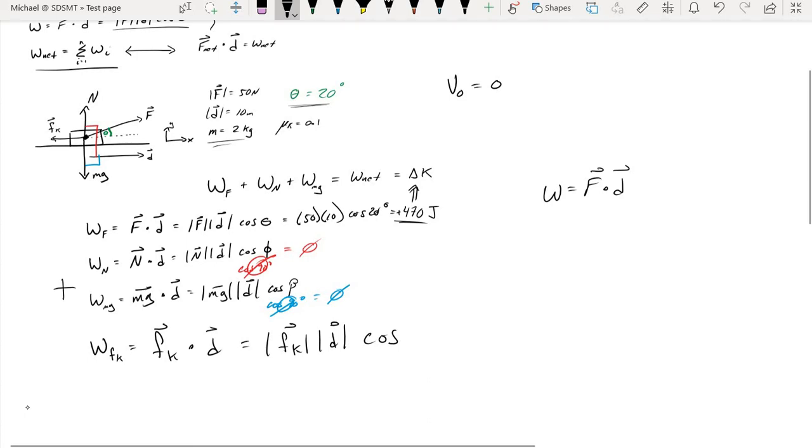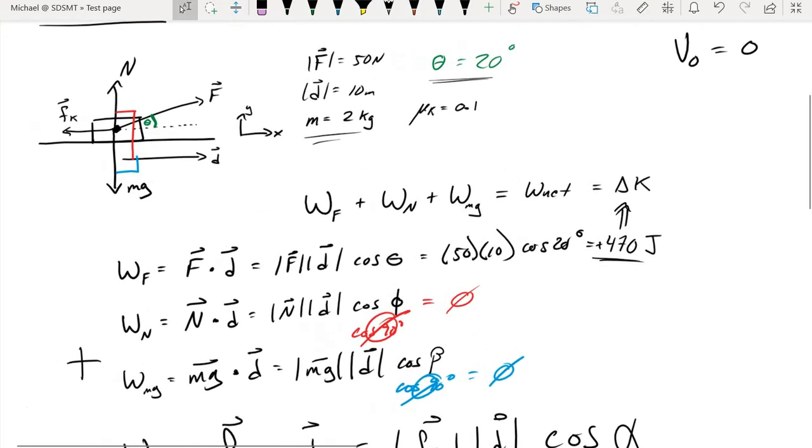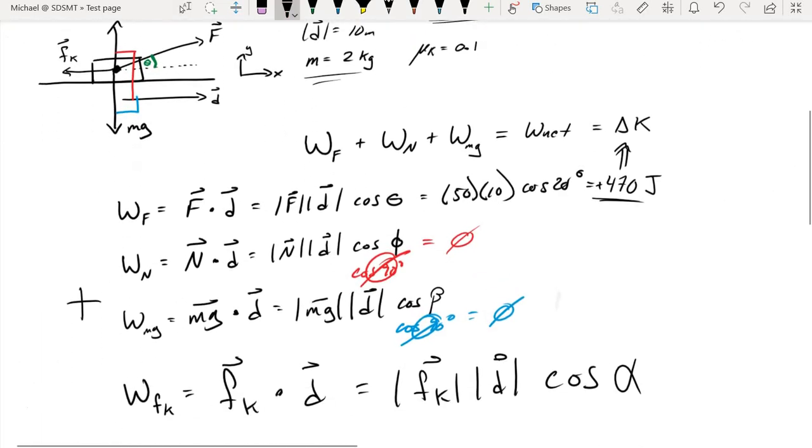Now, I've been using different angle symbols all the way through here. Let's try alpha. So alpha is the angle between our friction force and our displacement vector, but those are just pointing in opposite directions.